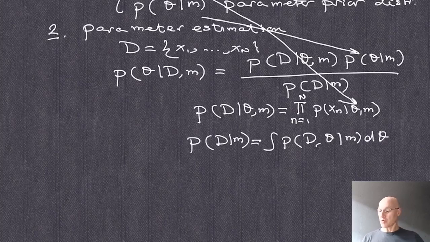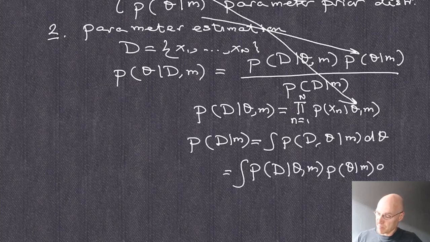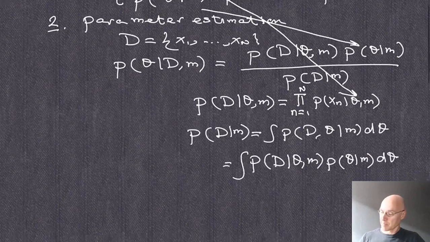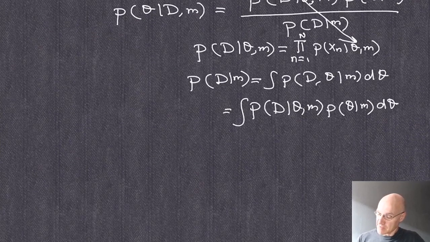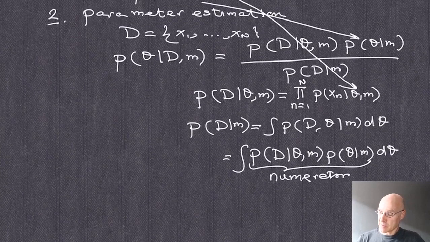And now I'm using the product rule again. This is the integral of p of D given theta and m, times p of theta given m, d theta, and this here is your numerator, right? What you see here is the same as what you see here.